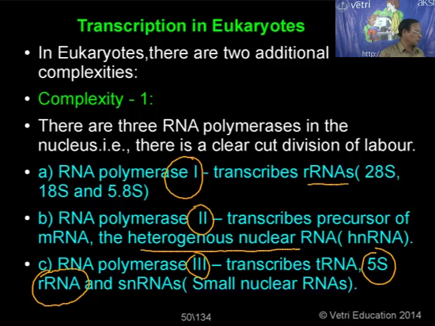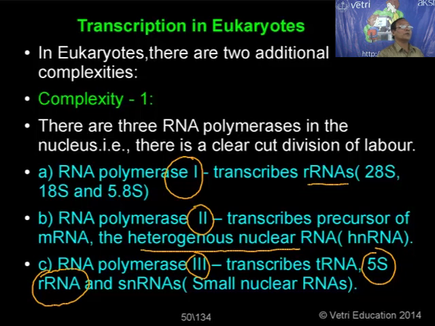So RNA polymerase 1 for ribosomal RNA, RNA polymerase 2 for messenger RNA, and RNA polymerase 3 for transfer RNA along with some others.